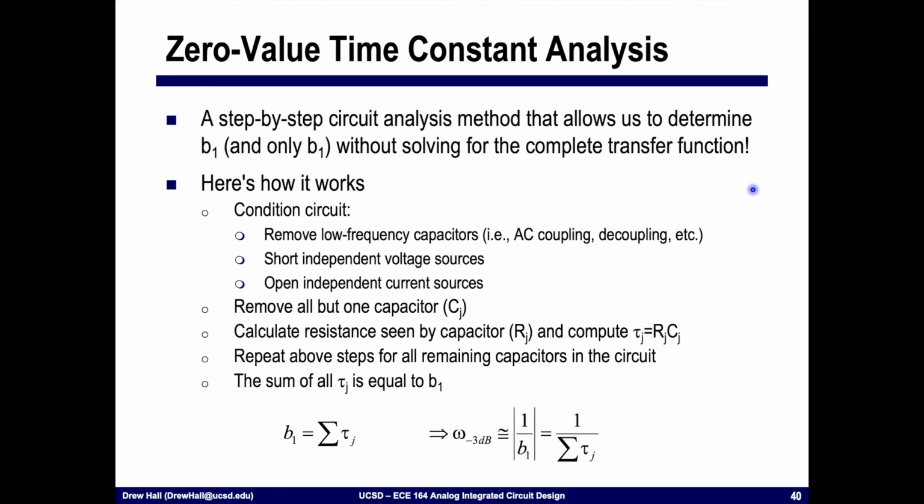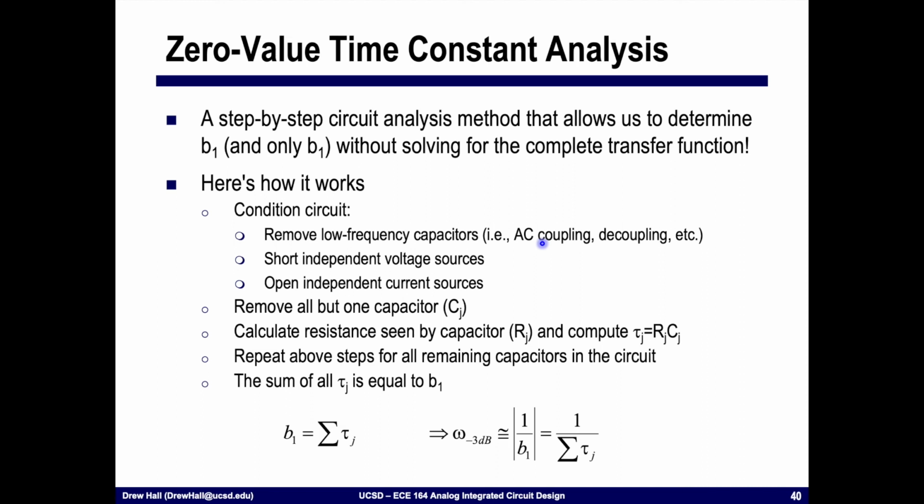All right, so let me give you a prescriptive method to solve for B1 and only B1 without having to solve for the complete transfer function. We're going to first condition the circuit. And when I say condition the circuit, what I mean is that we're taking away all of the low frequency capacitors, things like AC coupling capacitors, DC or decoupling capacitors, capacitors that would give rise to the ability to couple the signal onto the circuit.